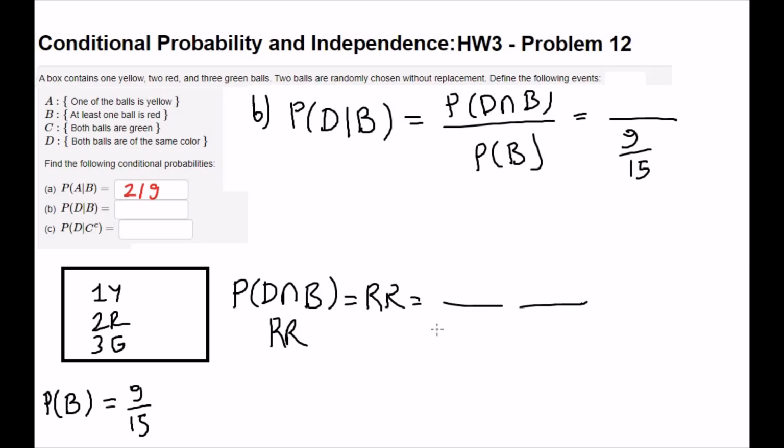And how can we pick red, red? At the first pick, we can pick 2 out of 6. And at the second, we pick 1 out of 5. So this is going to be 1/15. And 1/15 over 9/15 is 1/9. So 1/9 is the answer here.